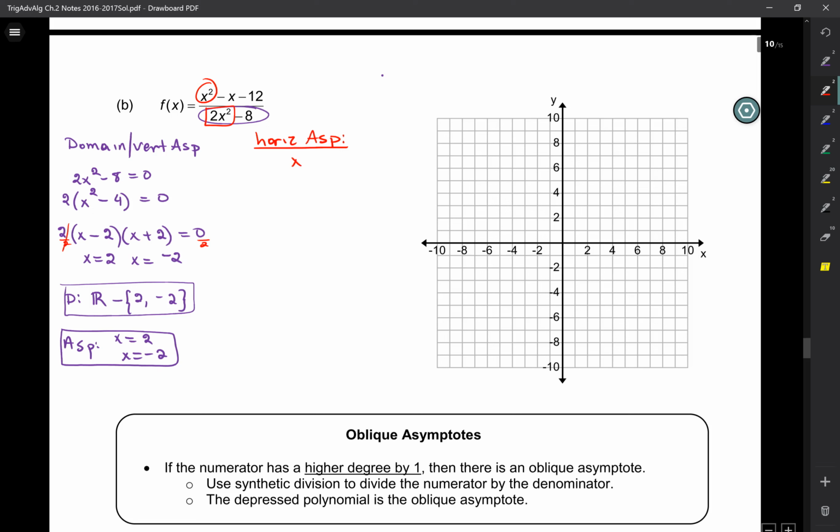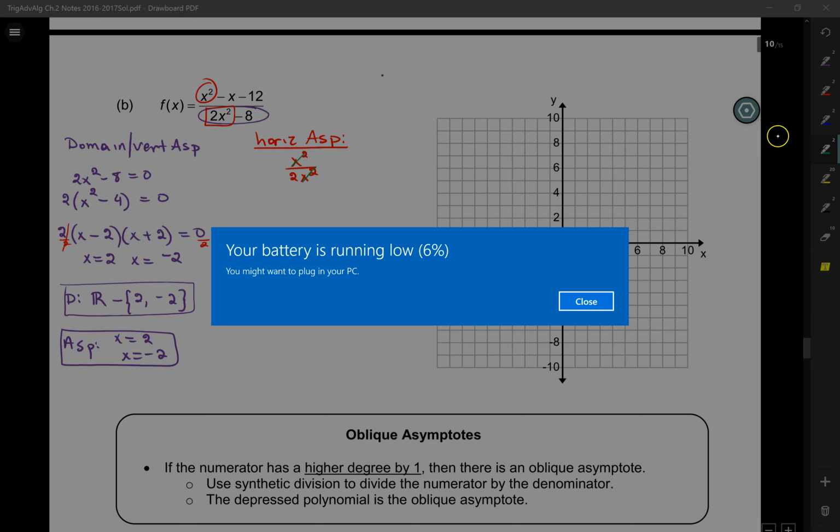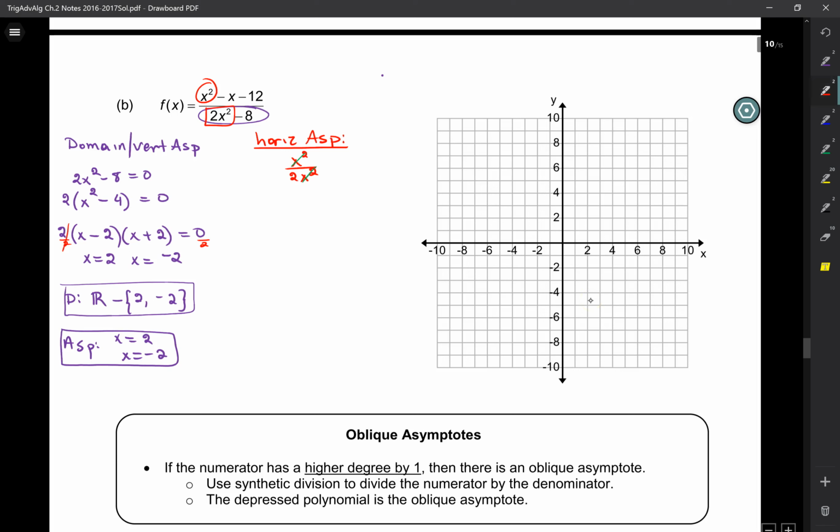So it's going to be x squared over 2x squared. Those cancel, giving me 1 over 2, sorry. So the asymptote is y equals 1/2. That's the horizontal asymptote. And if I wanted to put up the vertical asymptotes, 2 and negative 2.